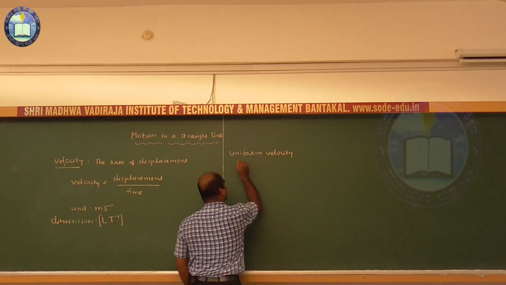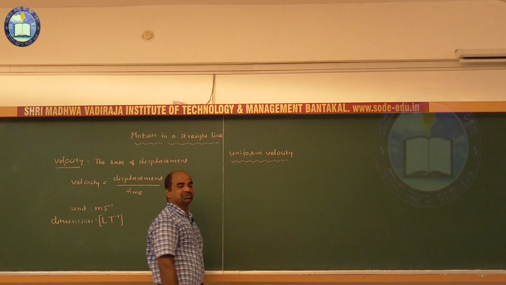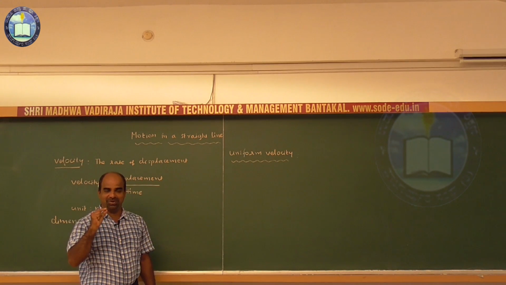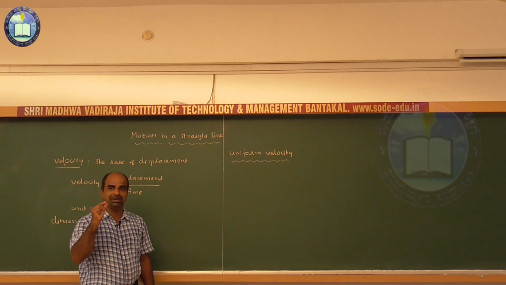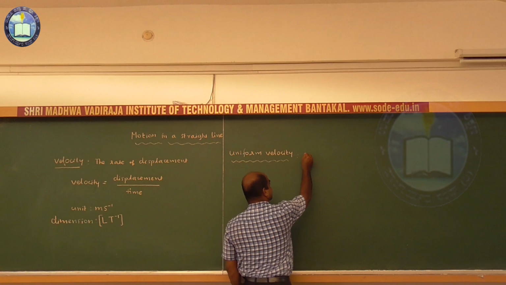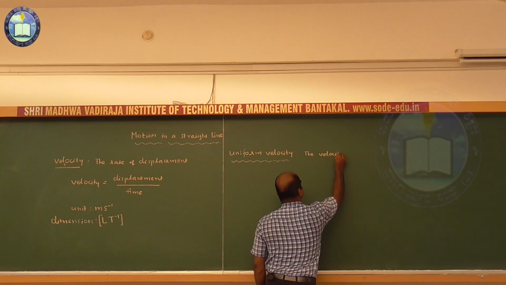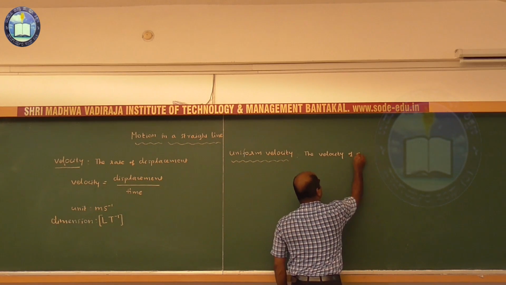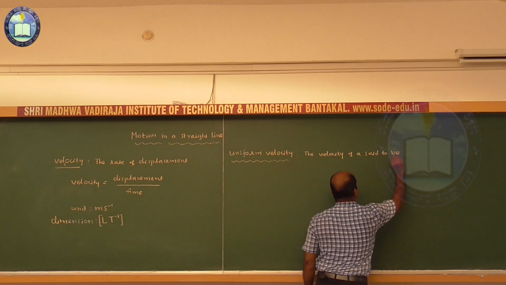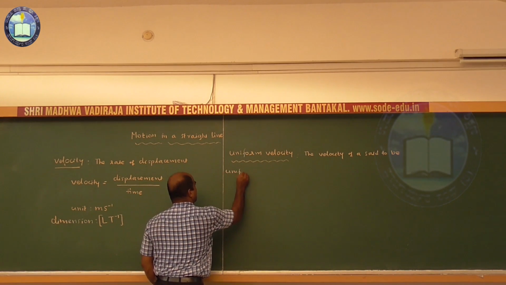A body is said to be moving with uniform velocity if it undergoes equal displacements in equal intervals of time, however small the time intervals may be.